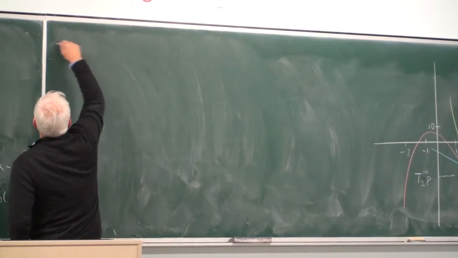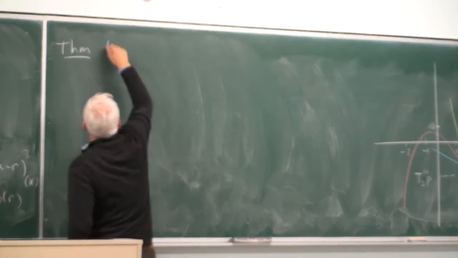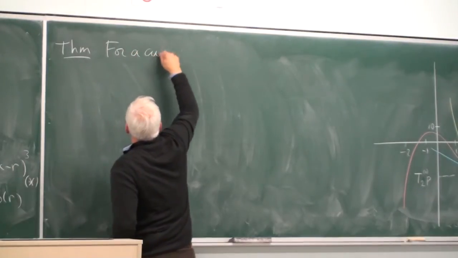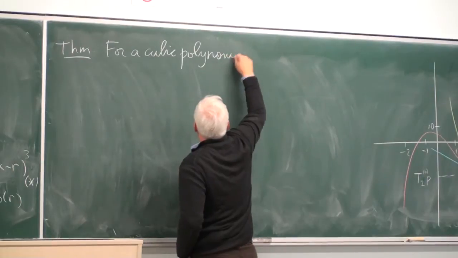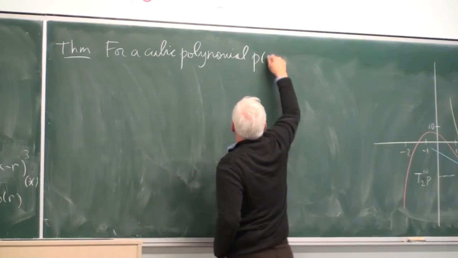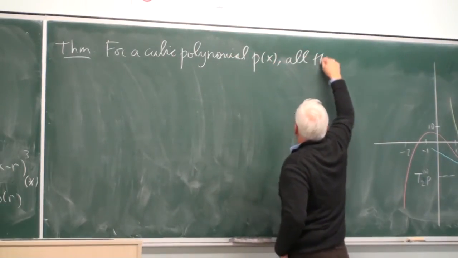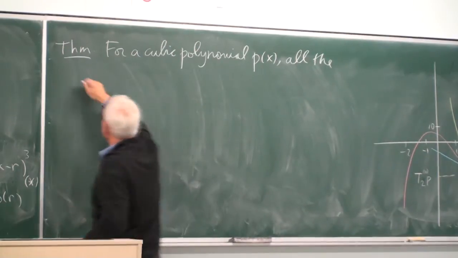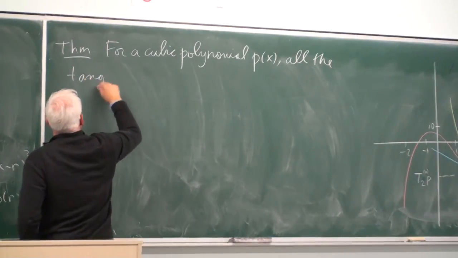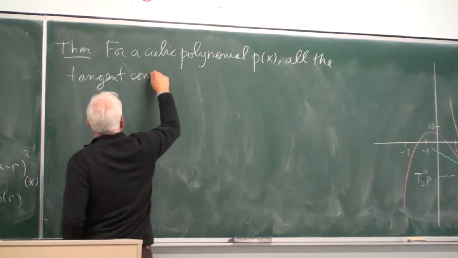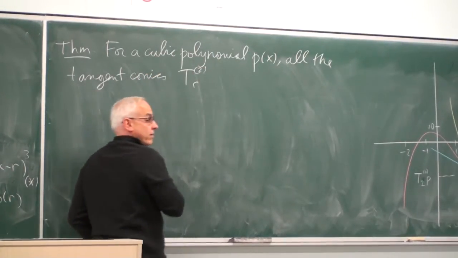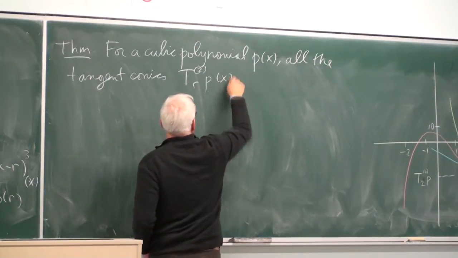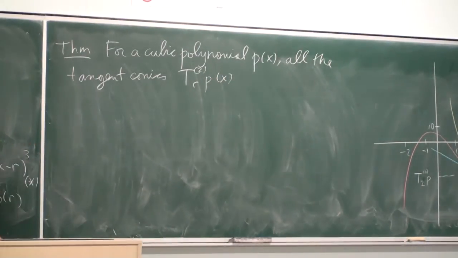So the theorem is that for a cubic polynomial p of x, all the tangent conics, the things that we're calling T sub r 2 of p of x, are distinct, or disjoint.